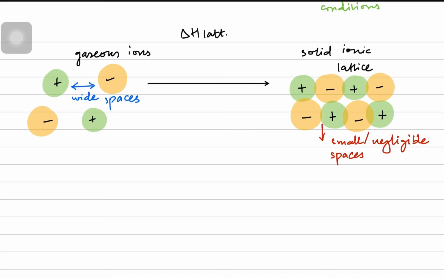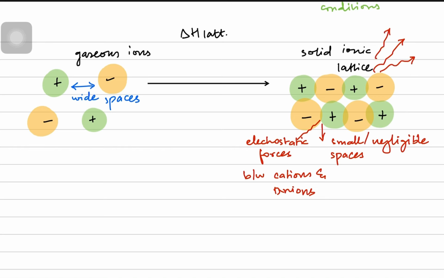Because of these attractive forces, which attractive forces are here, so here we have electrostatic forces, because we have already studied it in O levels, electrostatic forces between cations and anions. And these forces of attraction result in release of energy. So whenever there's attractive forces behind, energy is released, so it behaves as an exothermic process.